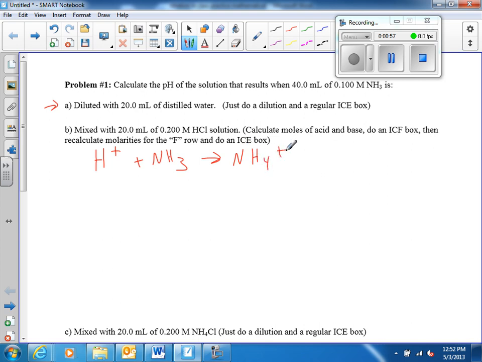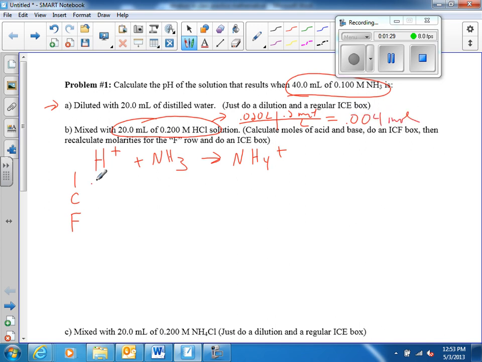Now we have 40 mils of 0.1 molar NH3, 20 mils of 0.2 molar HCl. For our ICF, I'm just going to do moles. So moles for H+ will be 0.020 liters times 0.2 moles per liter, which is 0.004 moles.